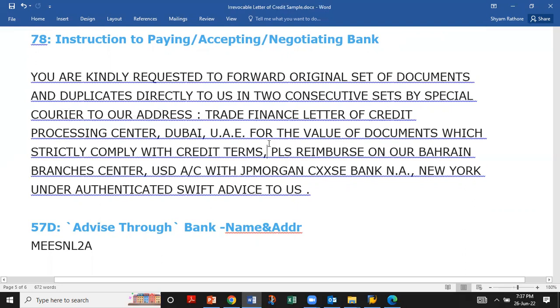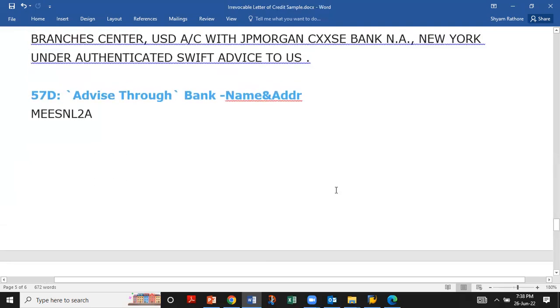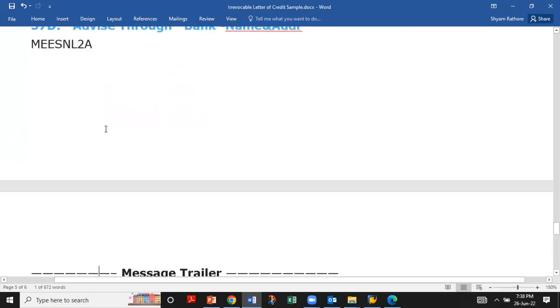So the original documents need to be sent to the bank and the duplicate to the party named here. Okay, so here we have the advice through the bank name and address.